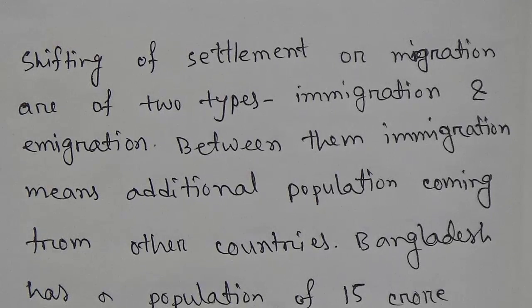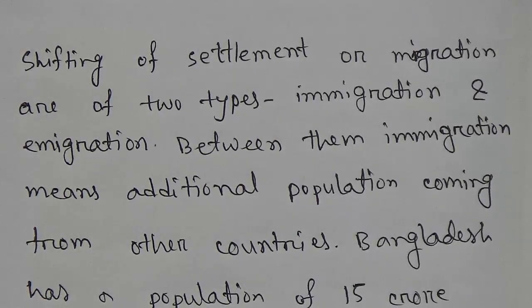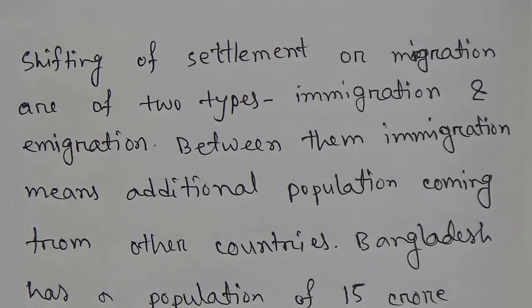Bangladesh has a population of 15 crore people. Let us suppose that X number of refugees has recently come to Bangladesh from Myanmar. We know that in 2017 around 10 lakh people came to our country.